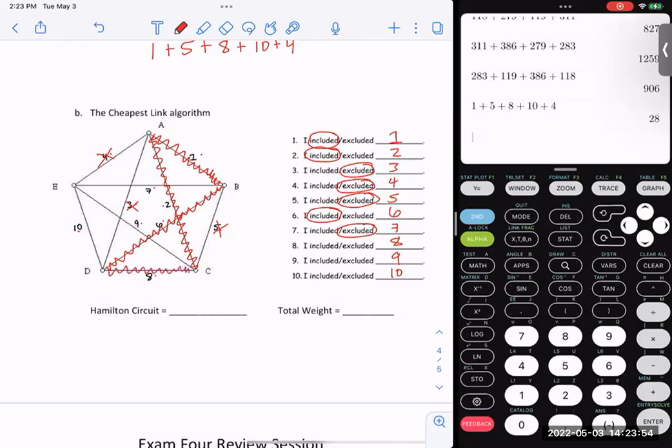If I included 8 right now, that would make a circuit, and I've not been to every vertex. I still haven't been to vertex E. So the circuit here would go A, B, D, C, and then back to A. That one's tricky again, but that would not work. I can't include 8 because it would make a circuit. What about 9? Yeah, 9 would work. So we can include 9.